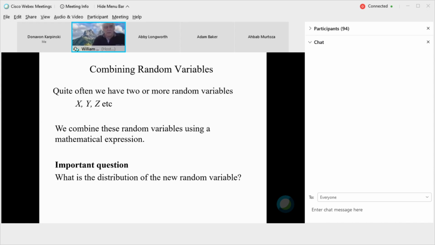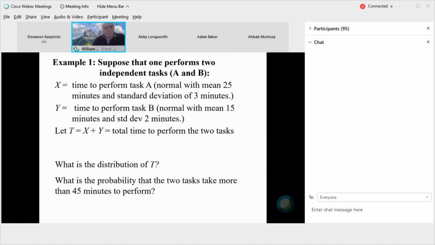These are the principles that allow us to determine what the sampling distribution is. Quite often we have two or more random variables and we combine them in a mathematical expression. Important question: what is the distribution of the new random variable constructed from X, Y, and Z by some mathematical expression? Example: suppose one performs two tasks independently.